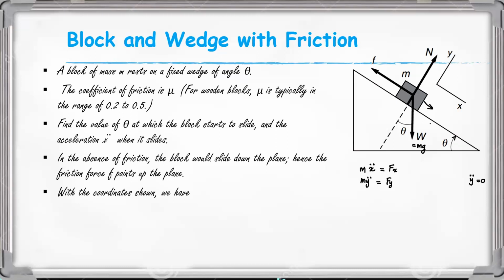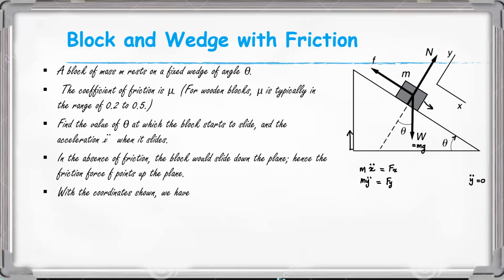Look here: when the wedge angle theta is equal to 0, the normal points in this direction.